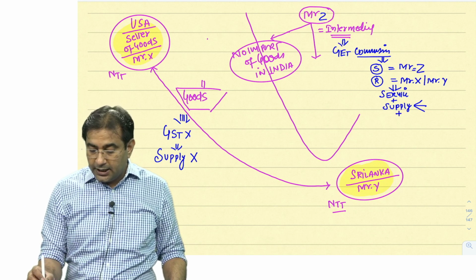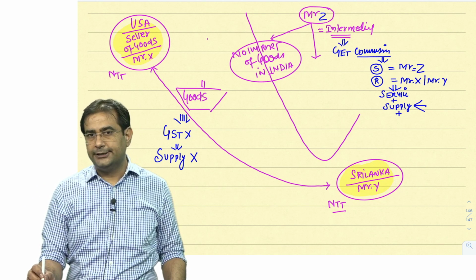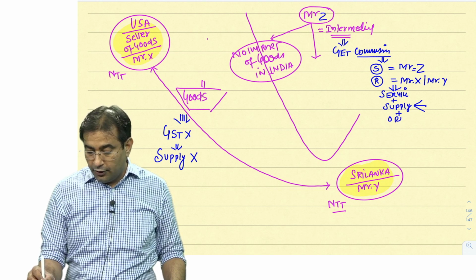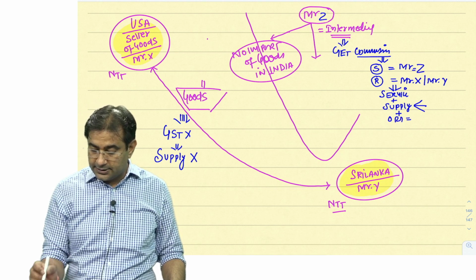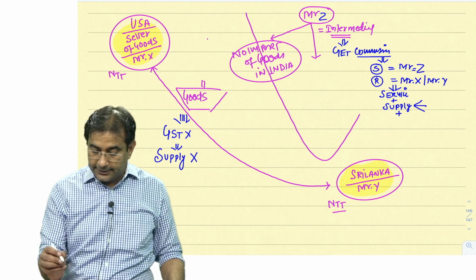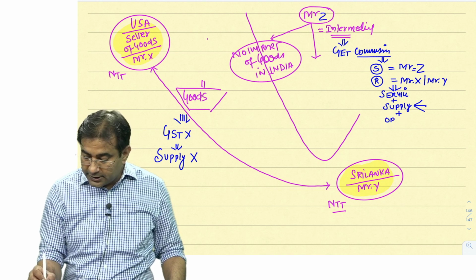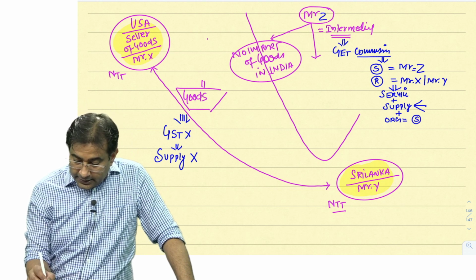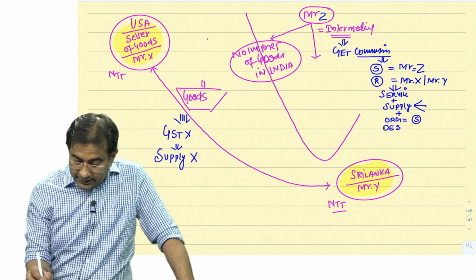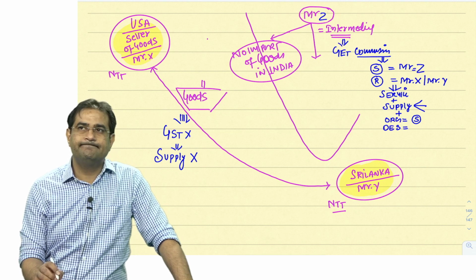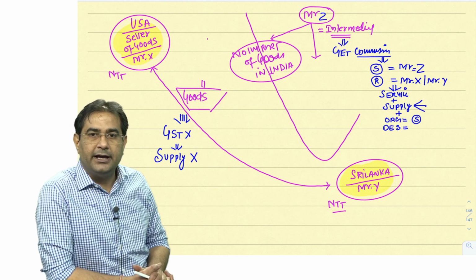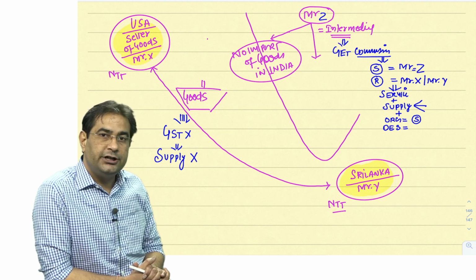What will be the nature of supply? Sir, the origin of the supply is the location of the supplier, and the destination of supply is... sir, which section shall apply? Either section 12 or 13.